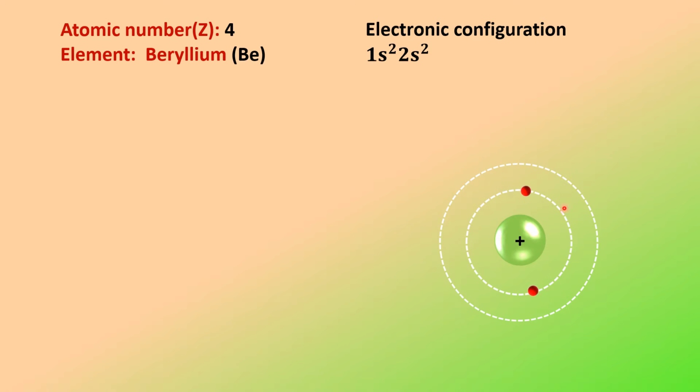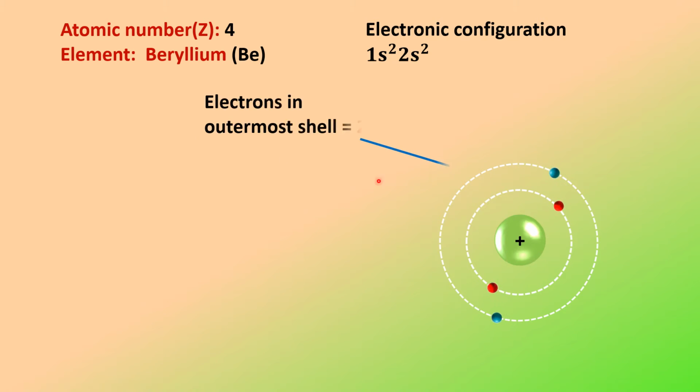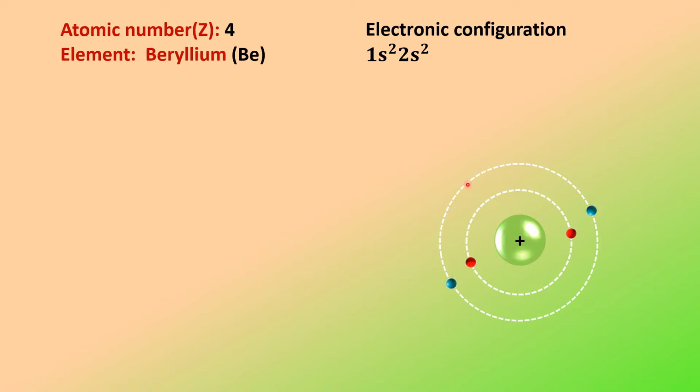In the first shell 2 electrons are present, and in the second shell 2 electrons are present. This second shell is the valence shell, and these 2 electrons are called valence electrons. So electrons in the outermost shell is 2. Now we'll write the dot structure.